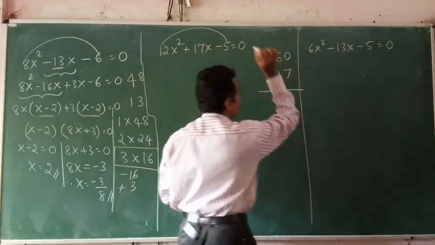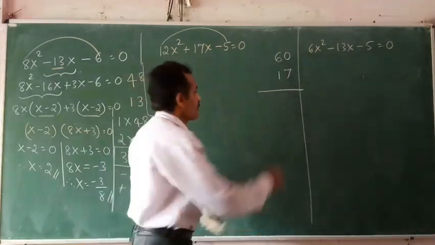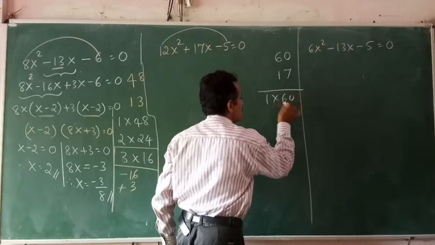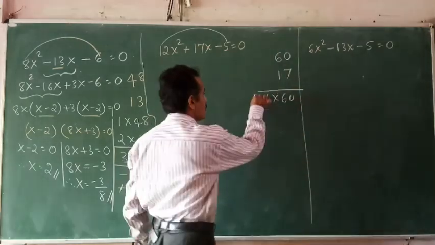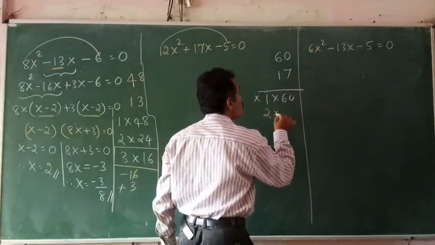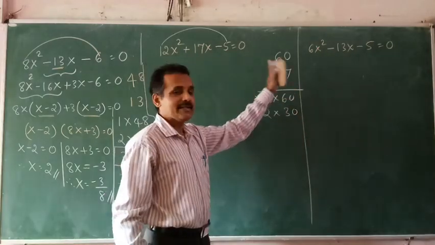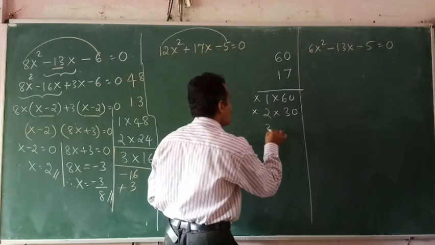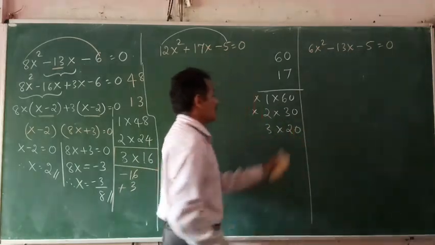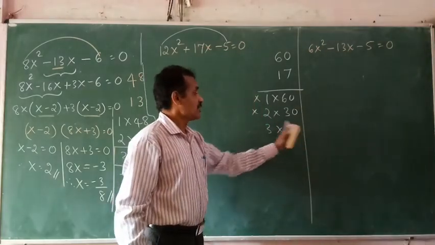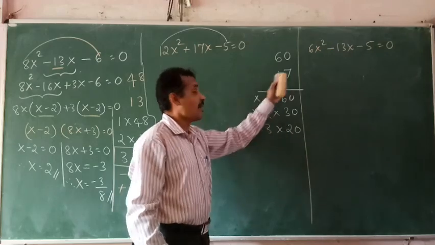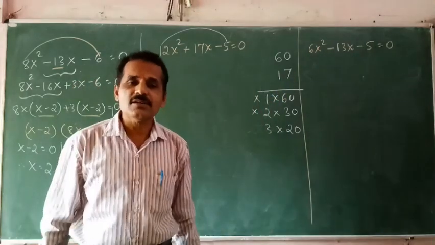Come on, let me start. How to write 60? 1 and 60, subtract, you are not getting 17. Wrong. 2 30s, subtract, you are not getting 17. No. 3 20s, 60. Subtract. 30 minus 20 minus 3. The answer is 17. You got the answer.